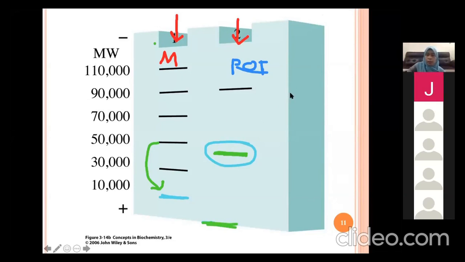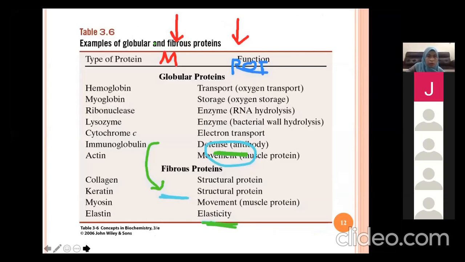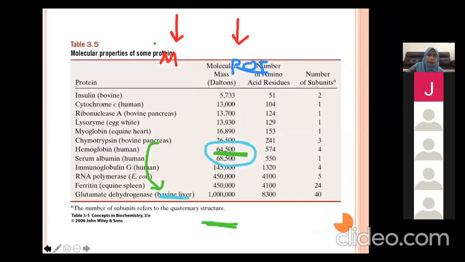Okay, so what's next? Okay, what happened? Yeah, you can see many proteins later on here. Okay, so next one. If you have different sizes of protein, then this size can easily be observed.